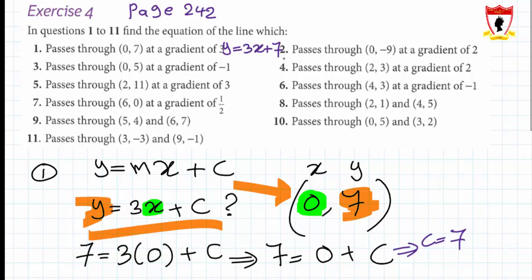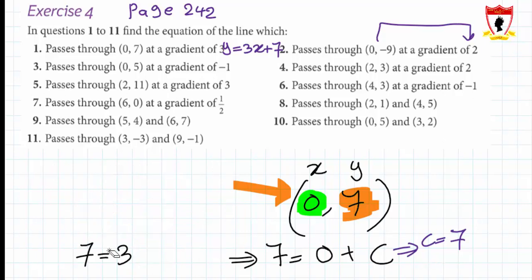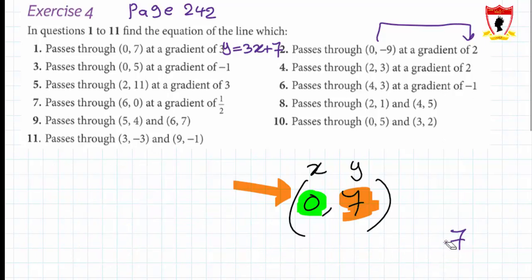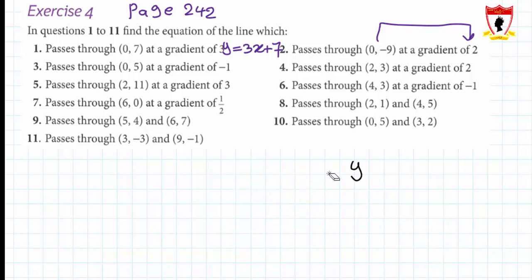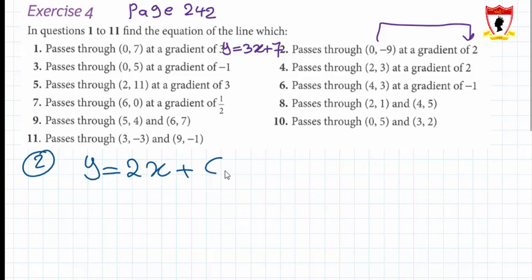Question 2, a line passes through this point and the gradient is 2. We're going to use the same procedure to find the equation of the line that satisfies these two conditions. Here, the gradient is 2, so for question 2, it means y is equal to 2x plus c.